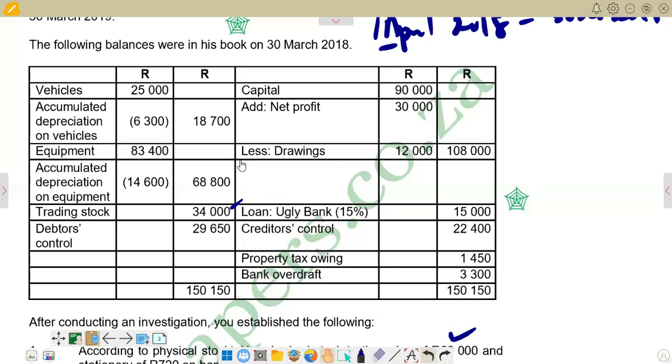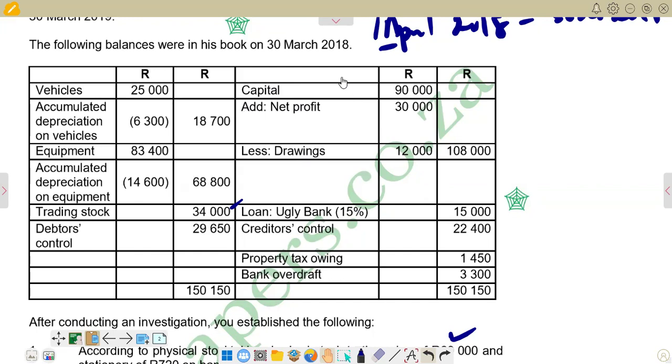So you see that the table that we are given here is indicating our summary of the statement of financial position, the balance sheet, of the previous period. So what we are saying is that the capital that we are given here was the calculation of capital.